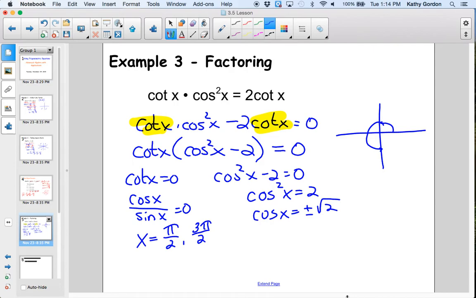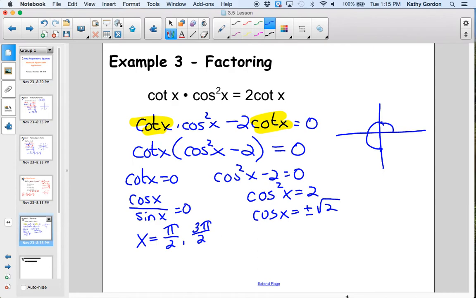So I'm trying to say here that I need a cosine of x to give me an answer that's about 1.4. So think about your cosine of x graph. How high was cosine able to get? For just cosine x, 1, right? How low was cosine x allowed to get? Negative 1. I'm trying to get a 1.4. I don't think that's possible.